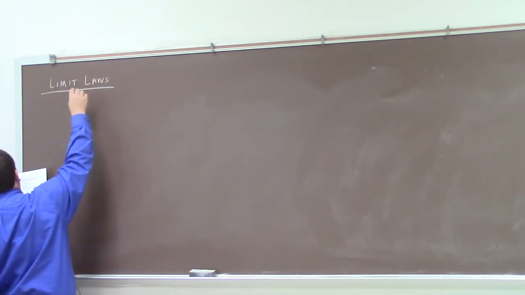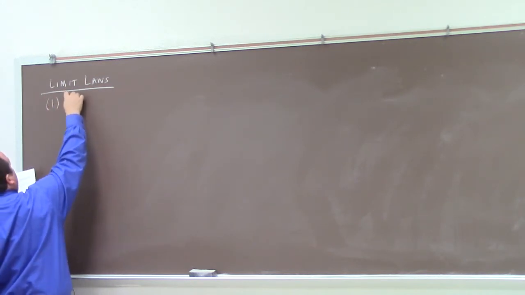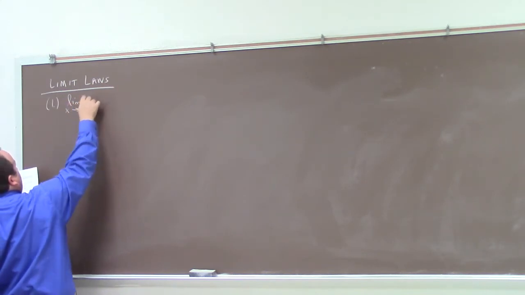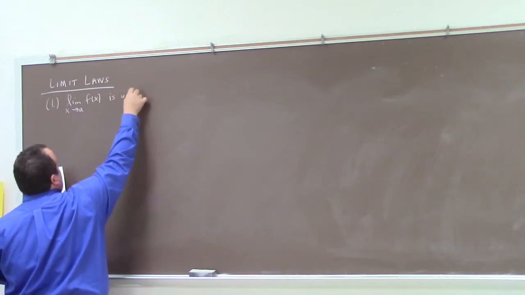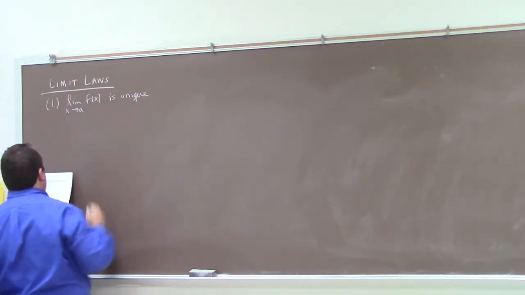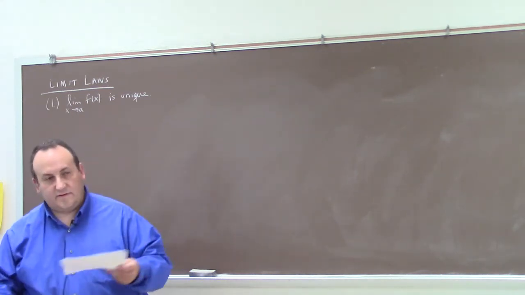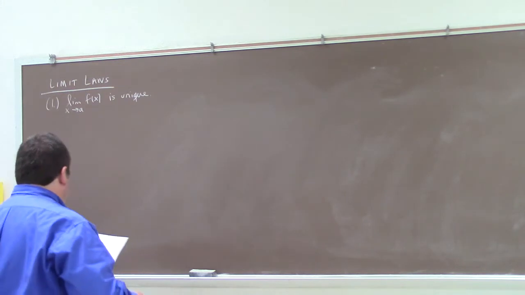And so number one, the limit as x approaches a of f of x is unique. That's what number one is saying. It's saying that if the limit exists and it's equal to two different things, they must be the same thing. So the limit's unique.